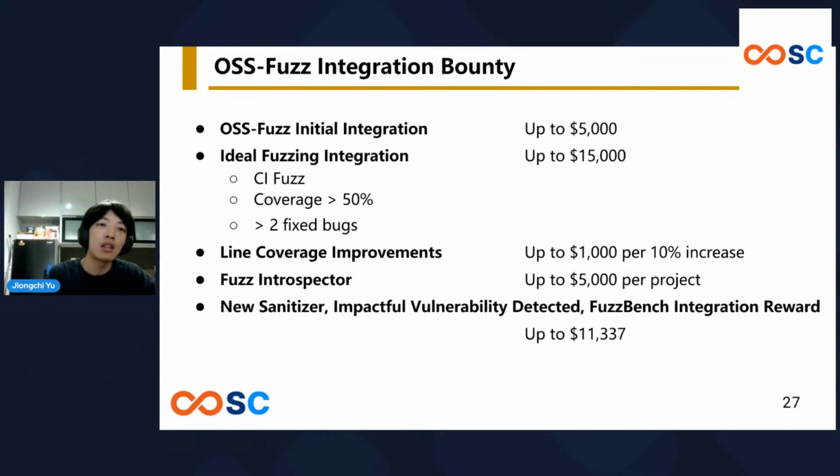The ideal fuzzing integration may be up to 15,000. And if you merge your project into a Fuzz-Bench integration reward, or you have detected a very impactful vulnerability, then yes, there will also be bounties to reward this achievement.